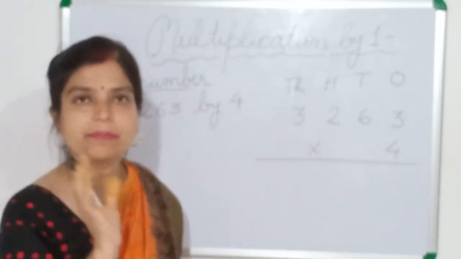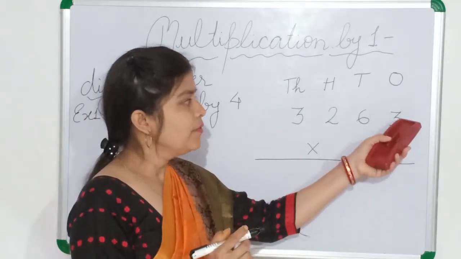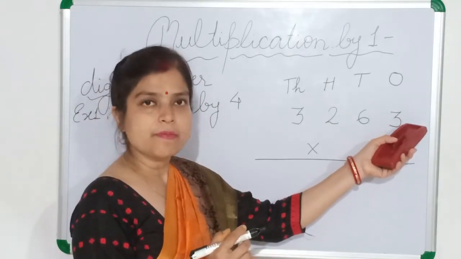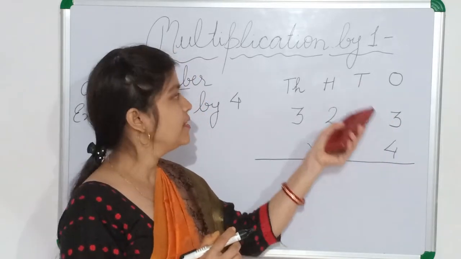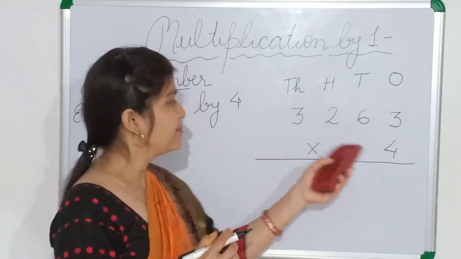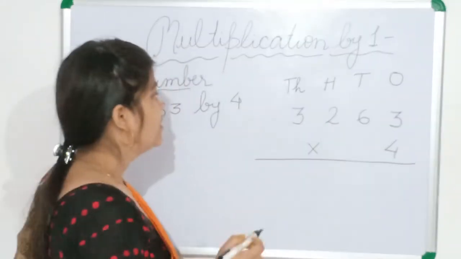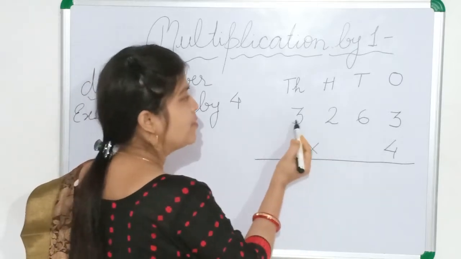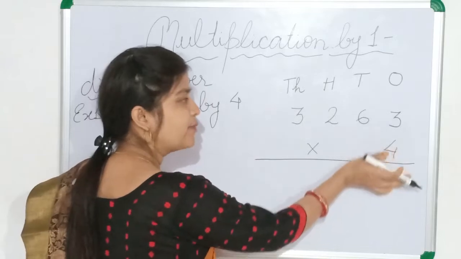Always start multiplication from this side. Always start with the digit of ones place, then multiply with the tens place digit, then the hundred place digit, and then thousand. Never start from this side. First you will multiply thousand, then hundred, then tens? No, we have to multiply from this hand side.